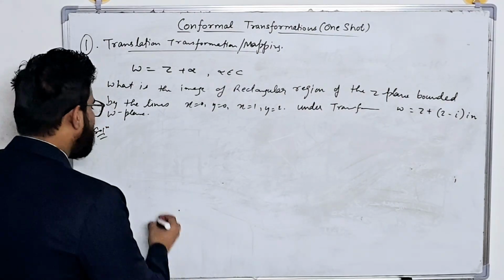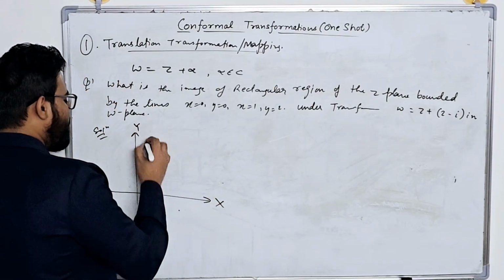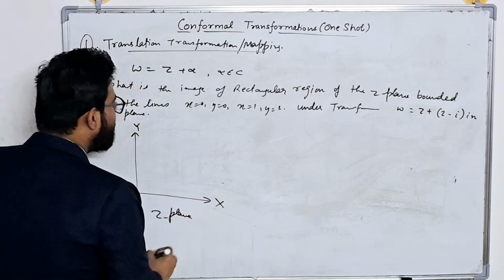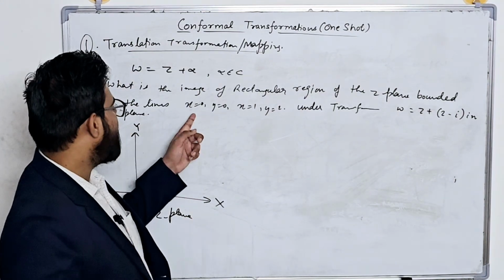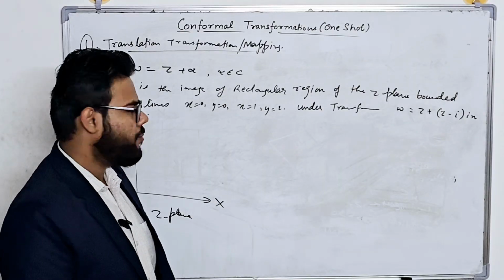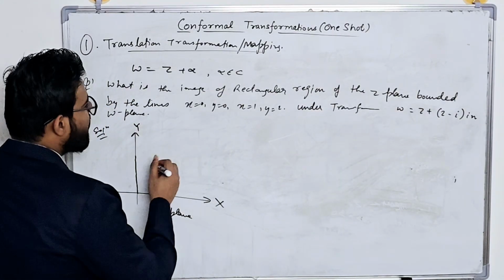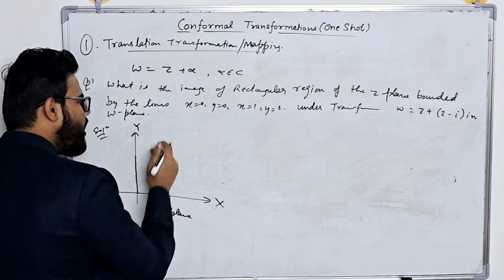So let's solve this question. This is our z plane, with x and y as the axes. Now we have to find the image of the rectangular region of the z plane bounded by the lines x = 0, y = 0 and so on. So what is x = 0?